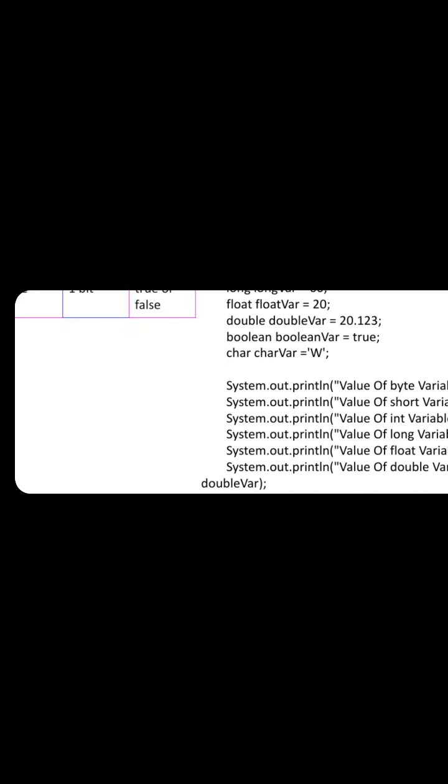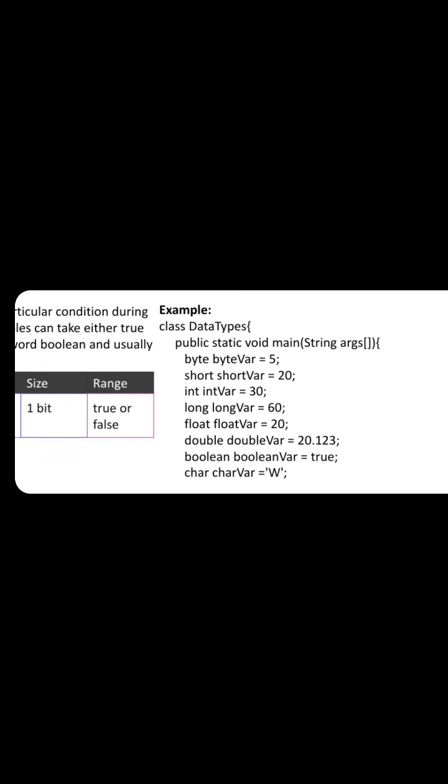And it has been defined with a simple example here. You just see that one. All the different types are used here. Byte is a data type which is defined with a variable name called byteVar is equal to 5. Short variable is equal to 20. Int variable is equal to 30.